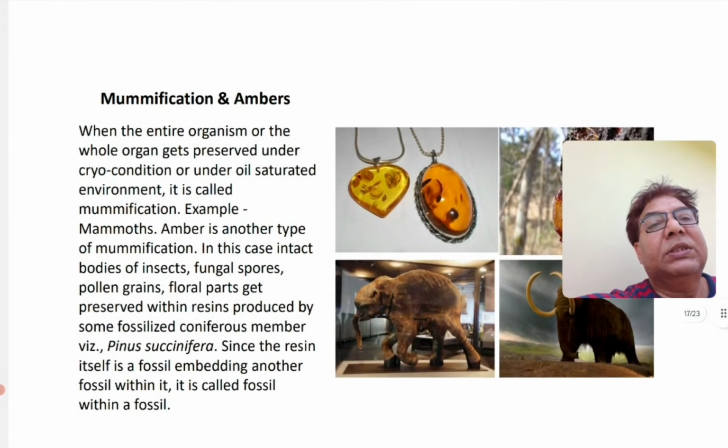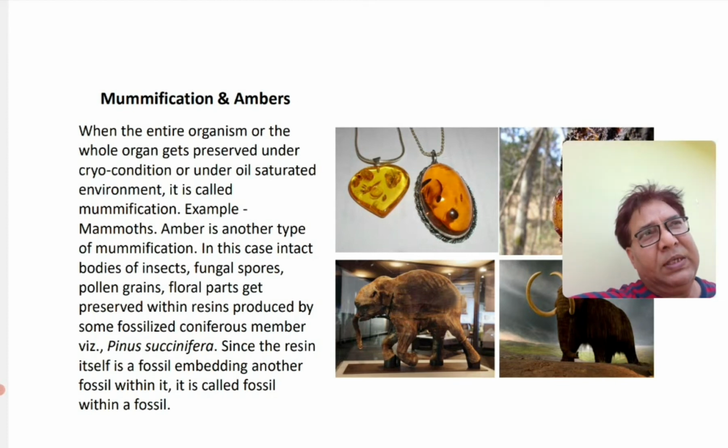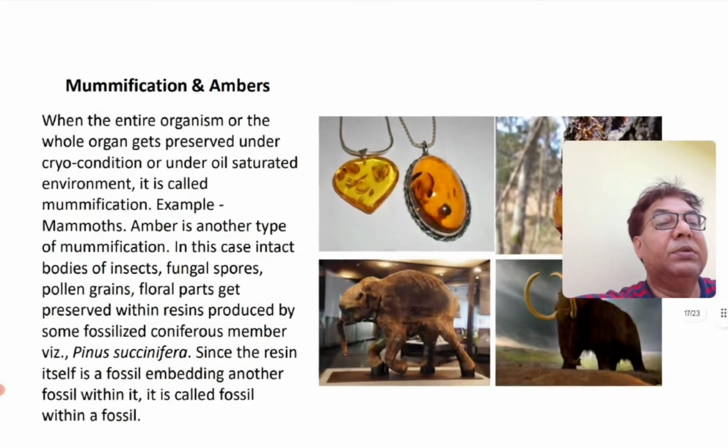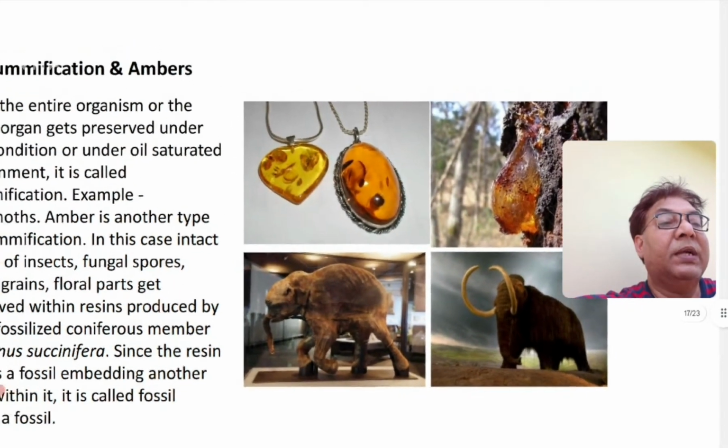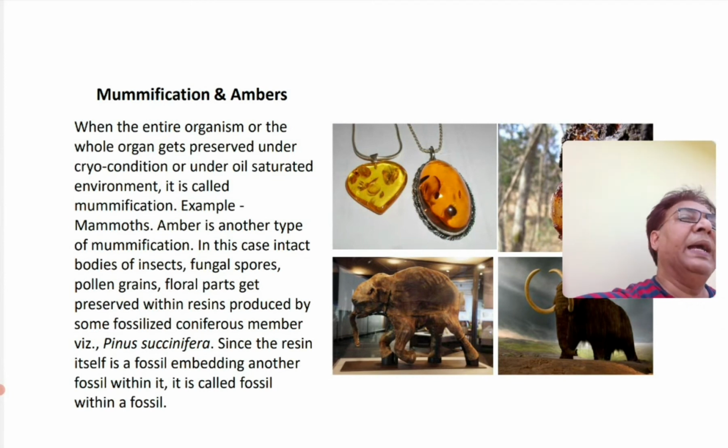Another one is mummification in amber. Mummification, as the name suggests, is natural mummification, not artificial by human beings. Sometimes the whole body of the organism, like the mammoths, the giant elephants, got preserved inside the Siberian ice.